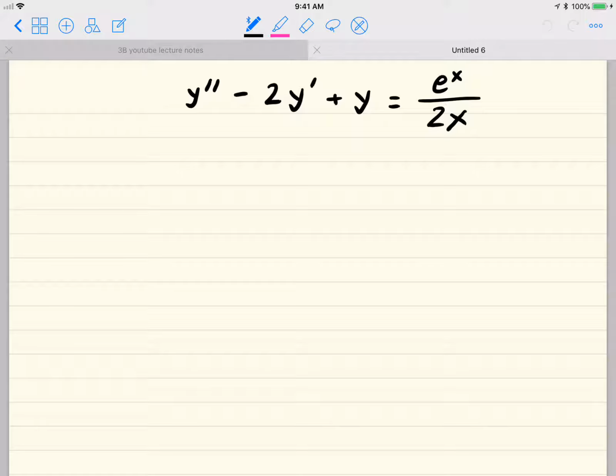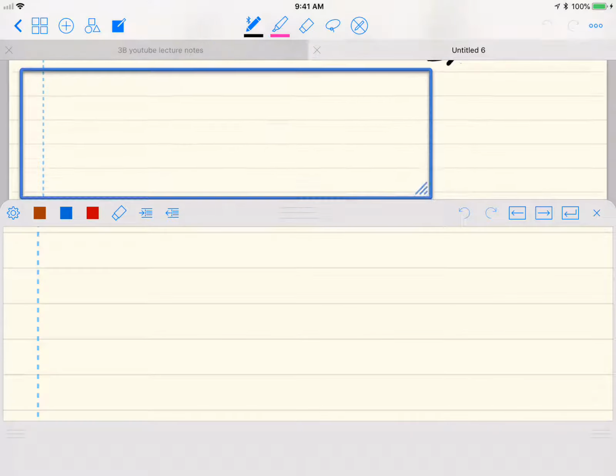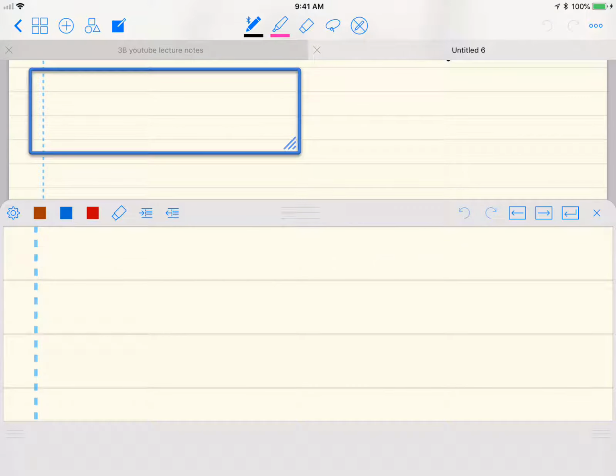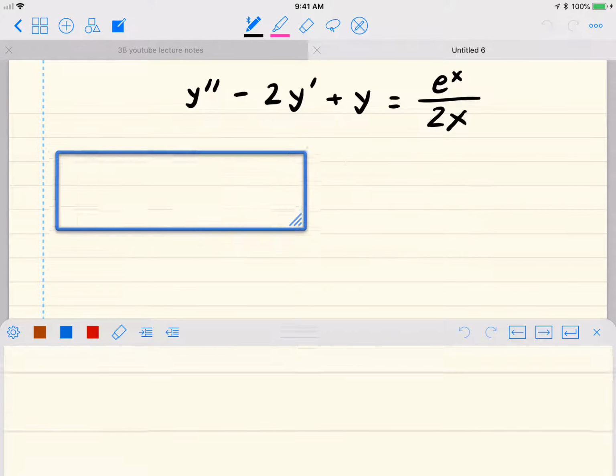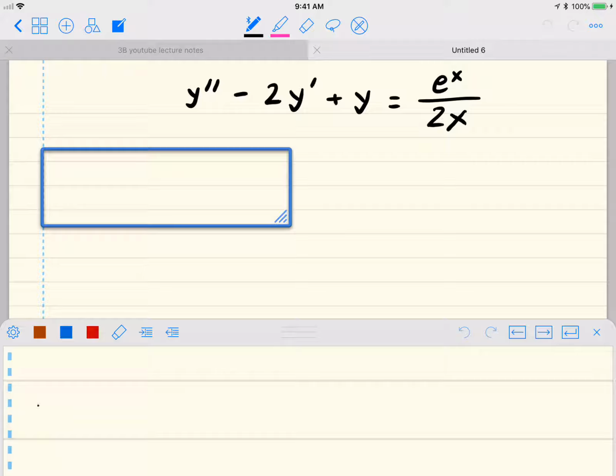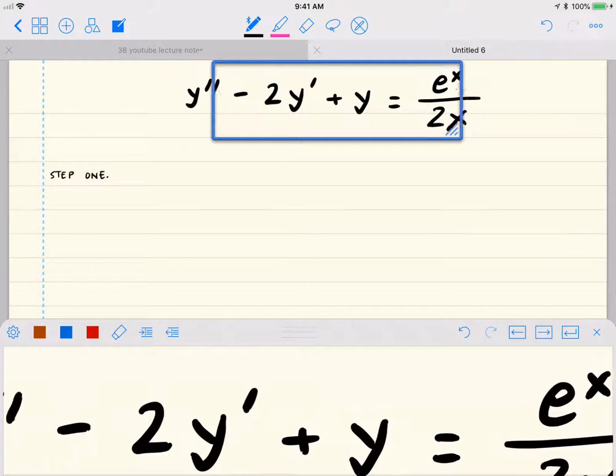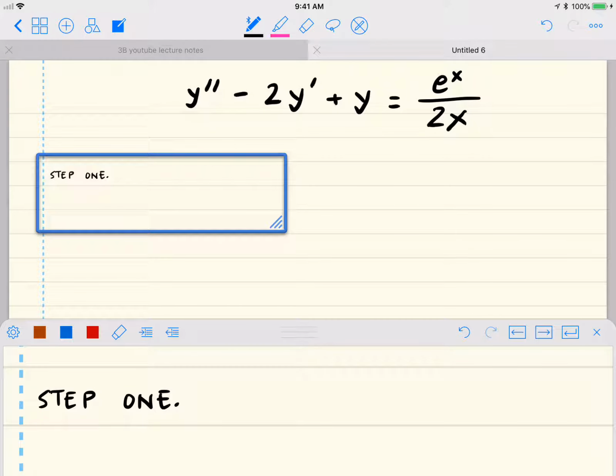Okay, now let's see here. So we're going to do step 1. And step 1 is going to be we need to solve the homogeneous version of this differential equation.